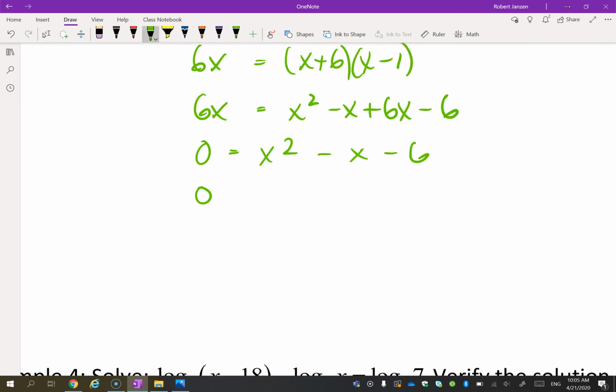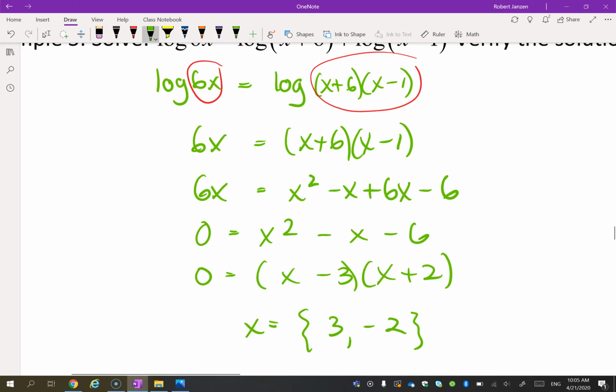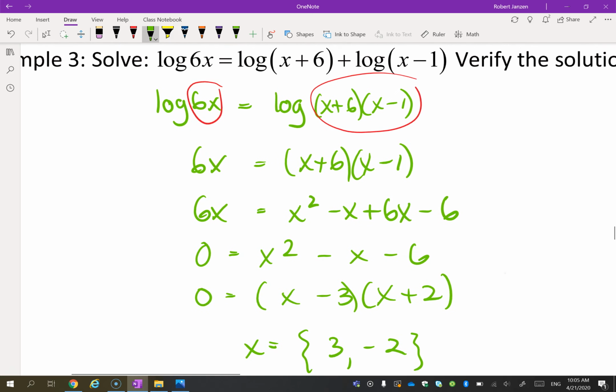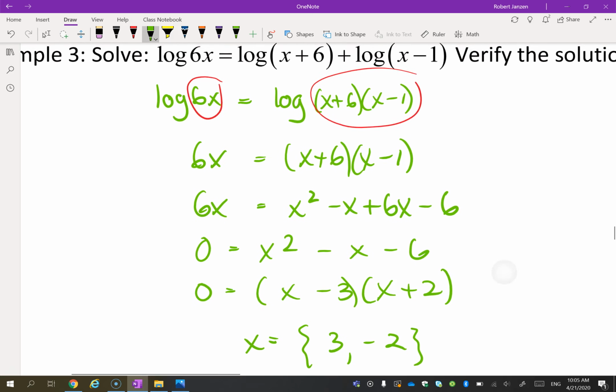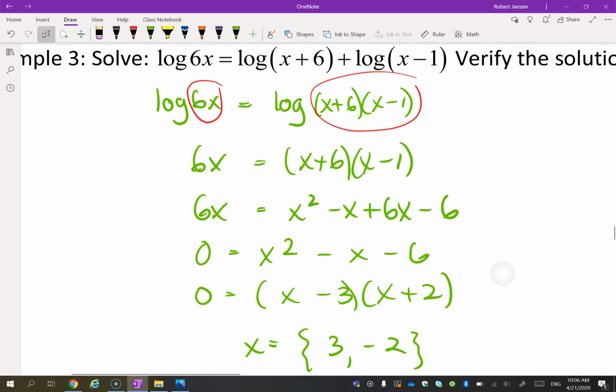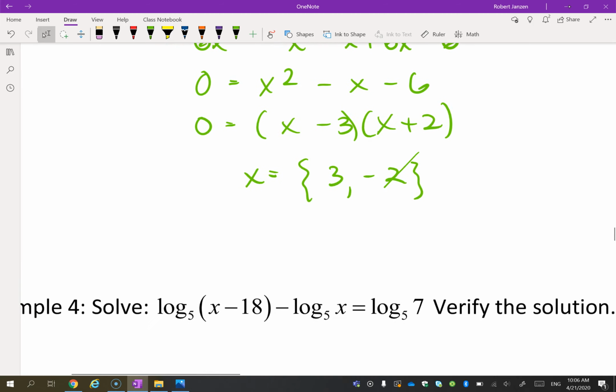And then if I factor, I get two answers again: 3 and negative 2. Are they both okay? Well, take a look at 3, take a look at negative 2. Will either of them give me a negative value for that argument? Doesn't look like this one will work.